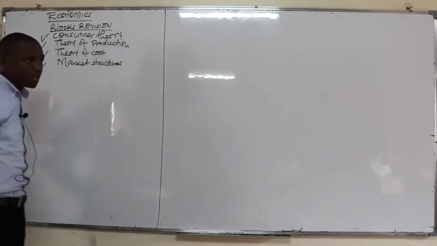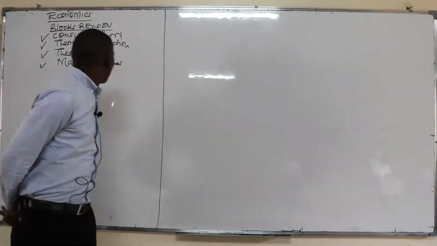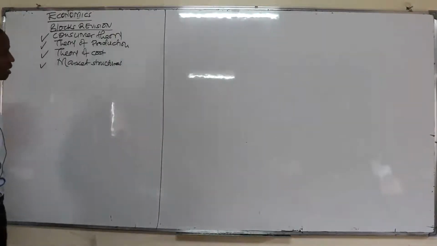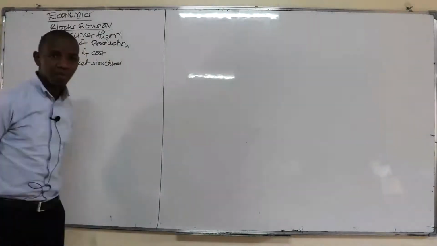Macroeconomics comes after demand, supply and equilibrium, consumer theory, the theory of production, theory of cost and market structures. Then after that, we'll get to the macroeconomics.